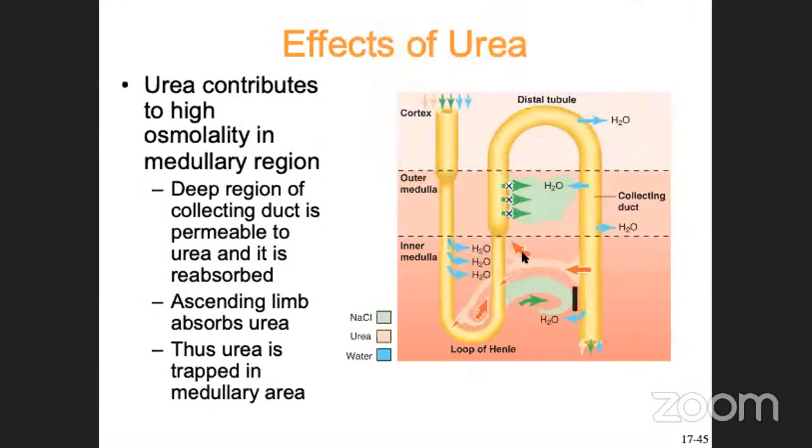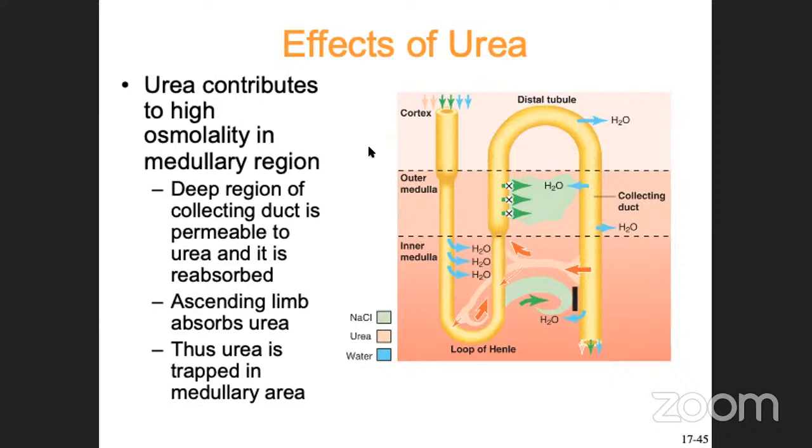Effects of the urea: urea contributes to high osmolality in the medullary region. I've put in here the cortex and two regions of the medulla, the outer and also the inner medulla. The deep region of the collecting duct is permeable to urea and it is reabsorbed.